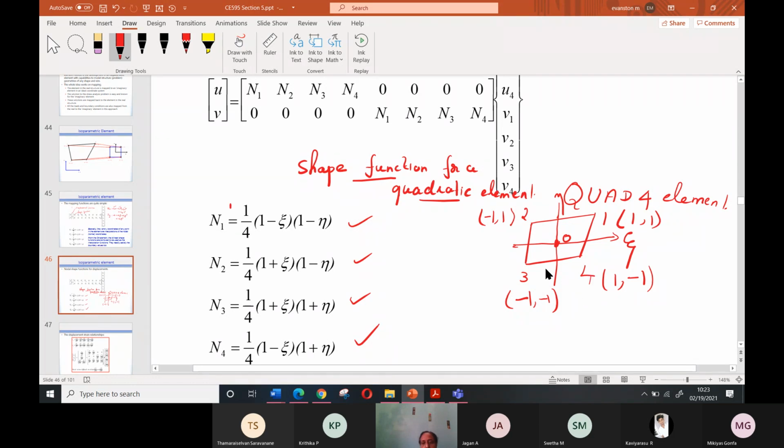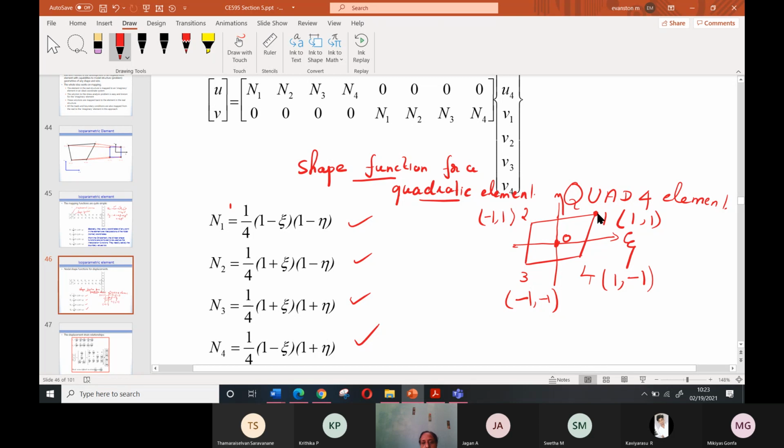You have to find the shape functions n1, n2, n3 and n4. n1 is for node 1, n2 is for node 2, n3 is for node 3 and n4 is for node 4.